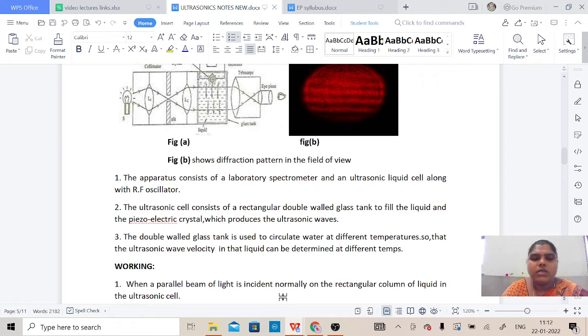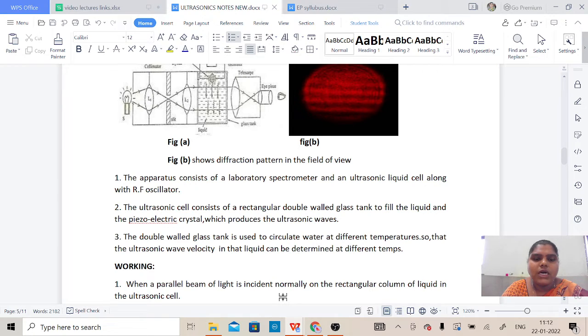The apparatus consists of a laboratory spectrometer and an ultrasonic liquid cell along with the RF oscillator. The ultrasonic cell consists of a regular double-walled glass tank that is filled with the liquid, and a piezoelectric crystal which produces the ultrasonic waves.